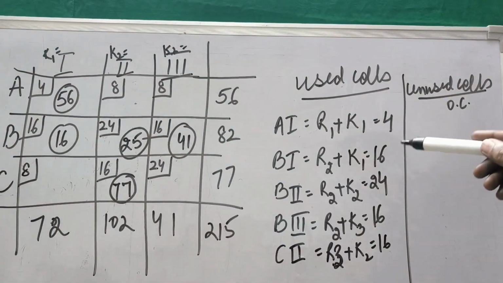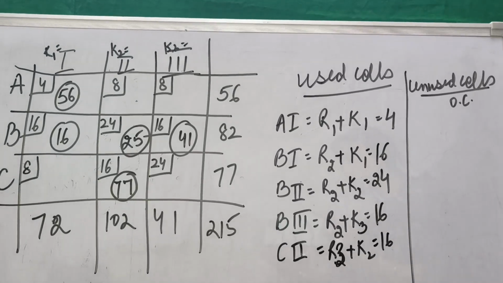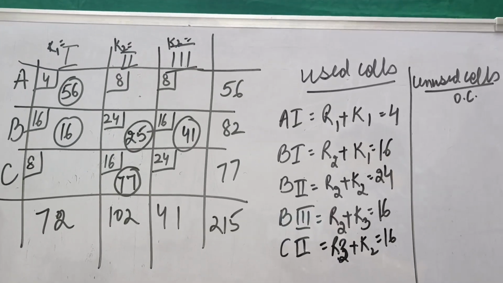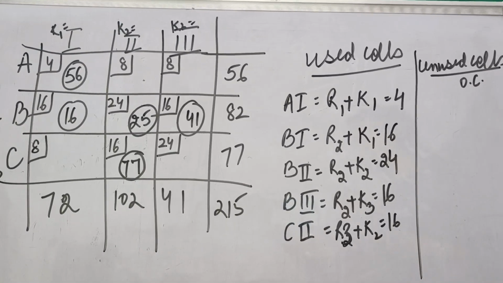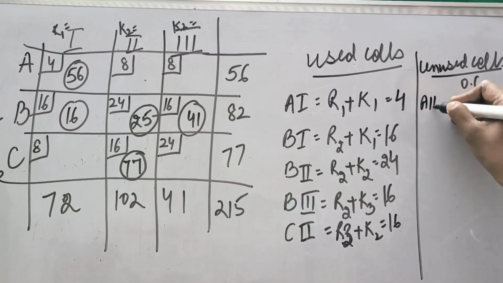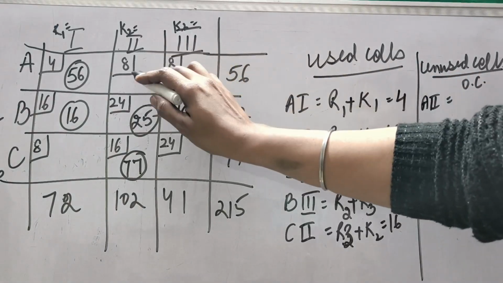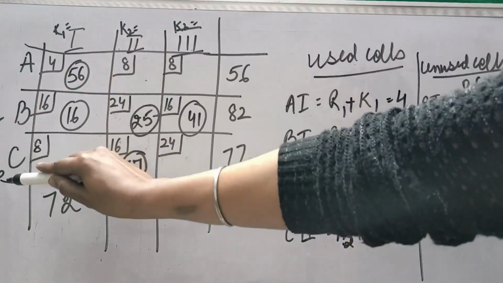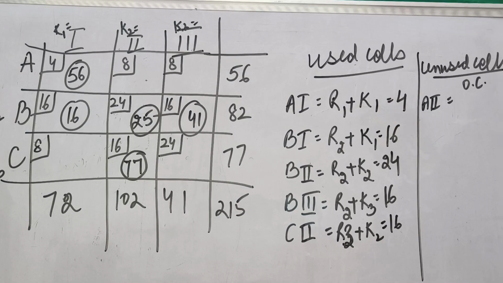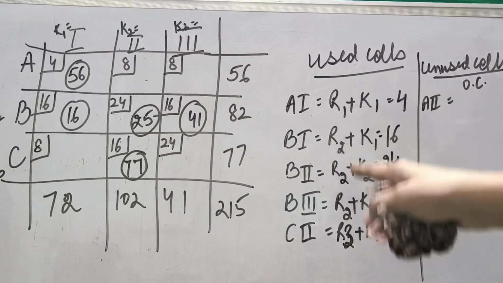We can write A2 here, or directly calculate the opportunity cost. For A2, we need to first find out the values of R1, R2, R3 from these very equations.